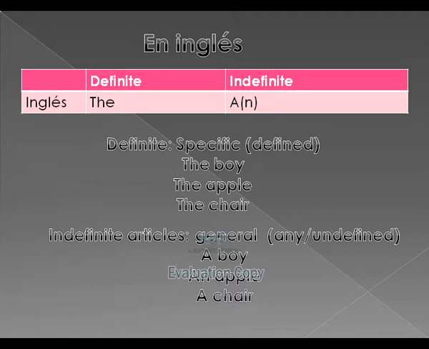We don't know which one we want. We want any one. We want an undefined one. Indefinite, undefined. Notice when we have a word starting with a vowel, like A in apple, we use the word an instead of a. Maybe you didn't know that about English.